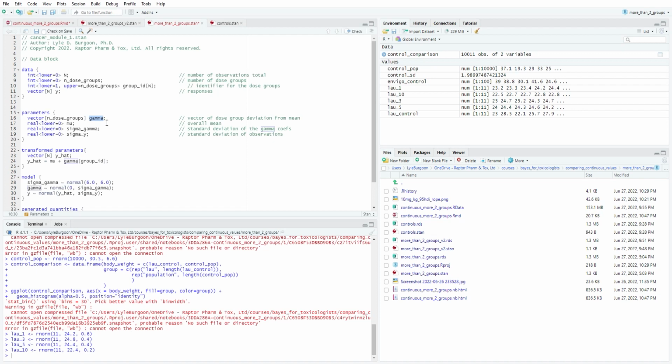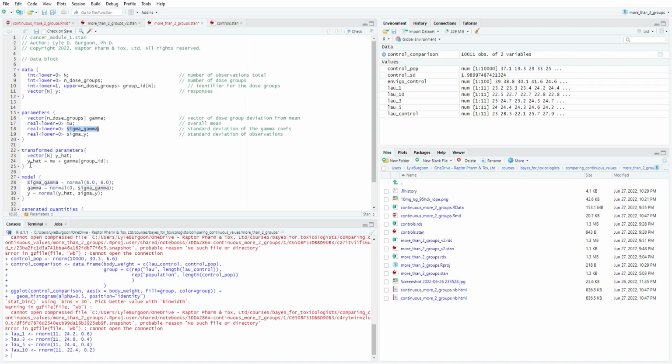And what we're actually calculating are coefficients, and that is our treatment effects in the ANOVA. This gamma here represents that treatment effect. So we're going to have this overall mean. It's kind of like the intercept for the model. And then the level of the treatment effect is going to be in gamma. And so gamma is, how far does it deviate from the overall mean in this particular model? And there's going to be some kind of standard deviation for gamma.